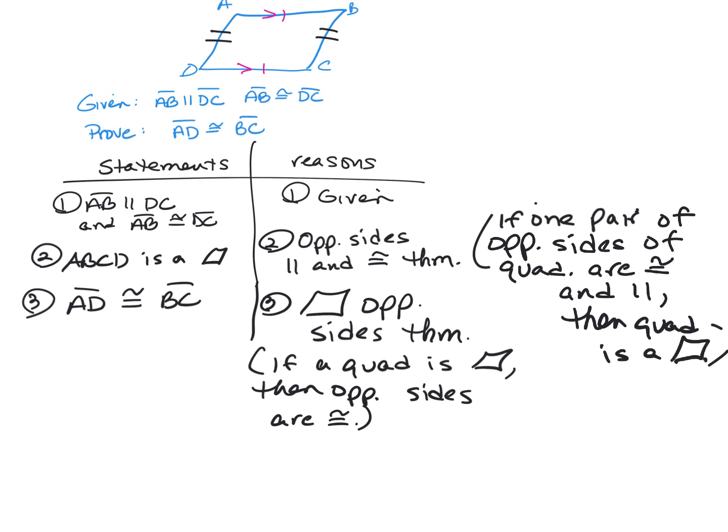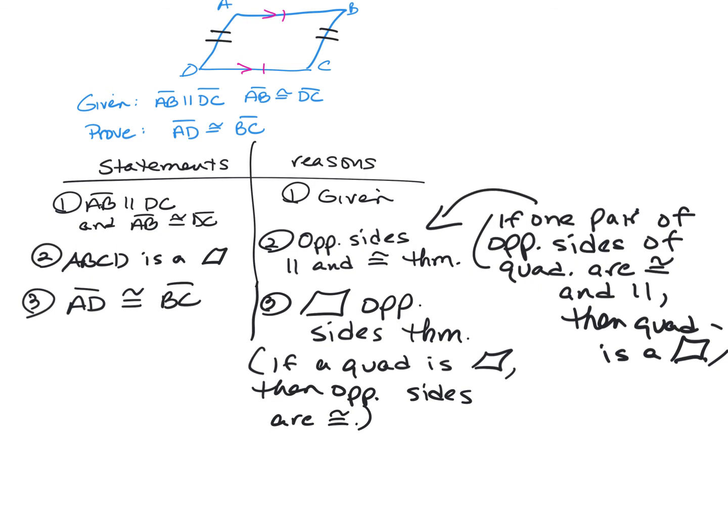So that's what that theorem states. So that is it. Nice and easy proofs, not very many steps. If you know your properties, your theorems, your converses, the definition, and then also reaching back to those alternate interior and consecutive interior chapter, then the proofs will not be that challenging.